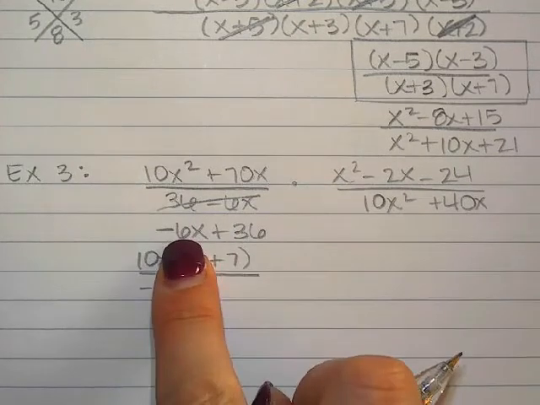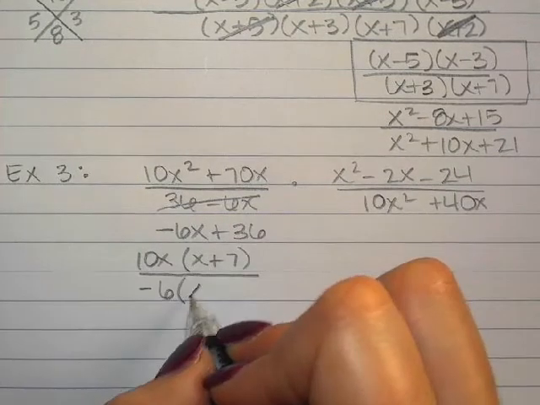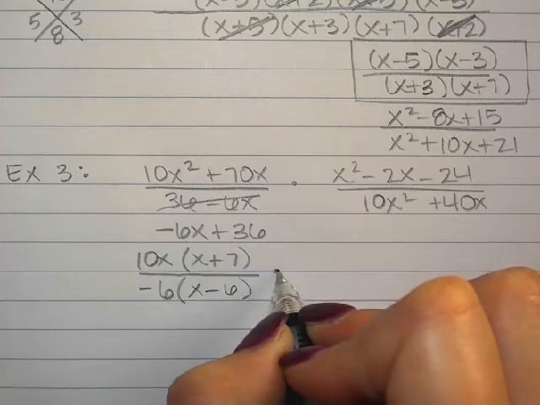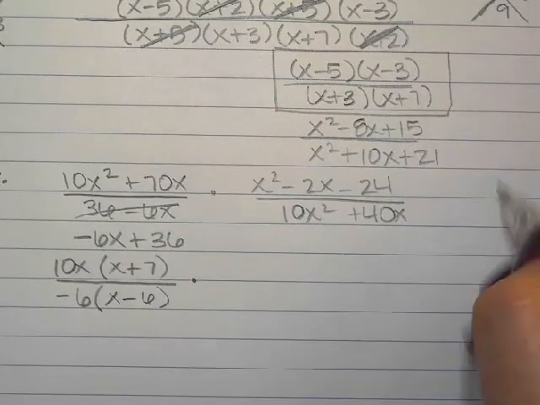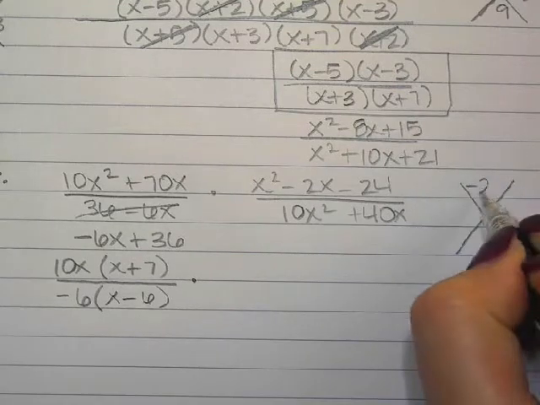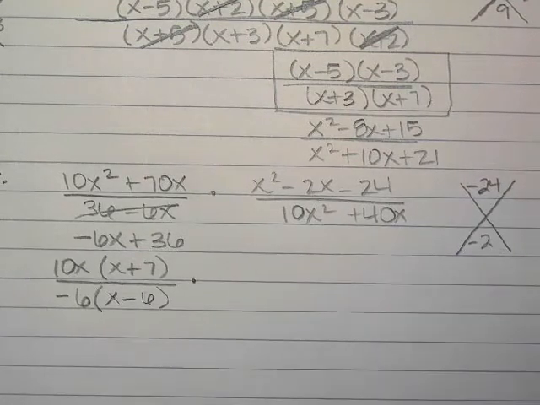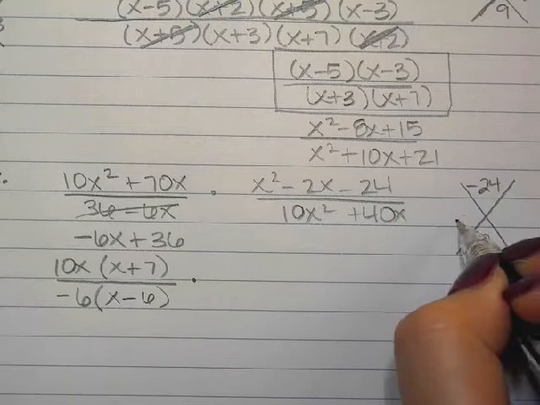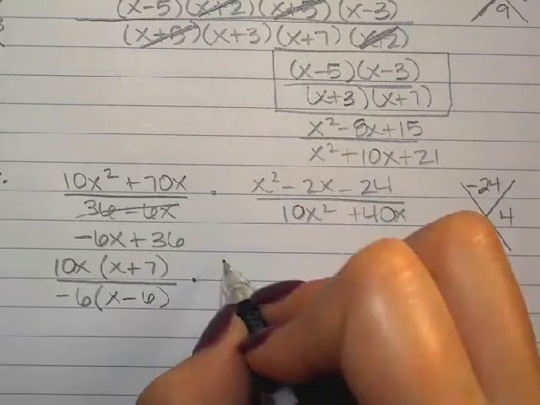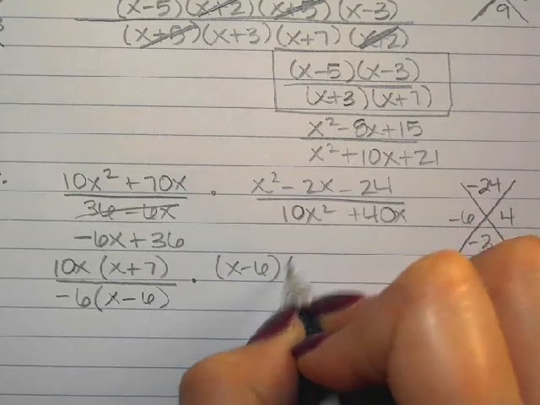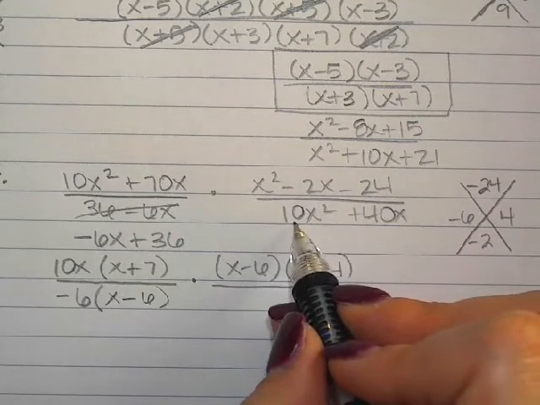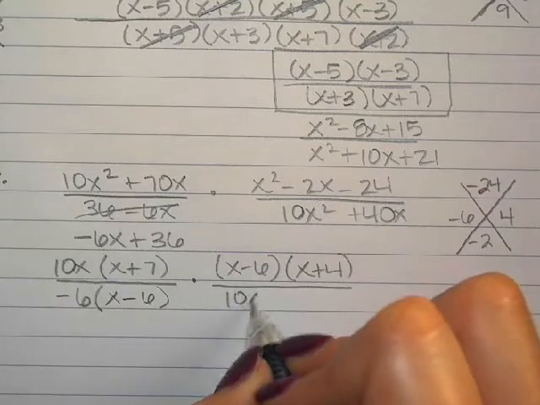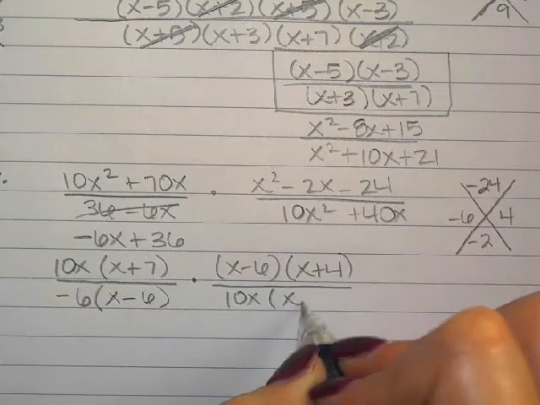So I'm going to factor out a negative 6, and that leaves me with x minus 6. And then over here, we're looking for two things that multiply to negative 24 but add to negative 2. That would be negative 6 and positive 4. So x minus 6, x plus 4. And then here we have a GCF of 10x and then x plus 4.